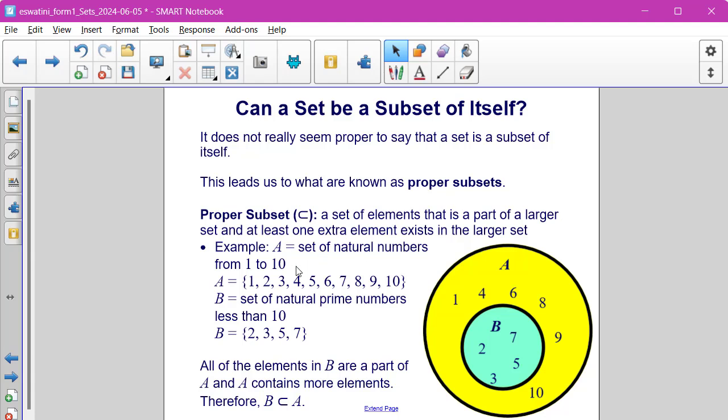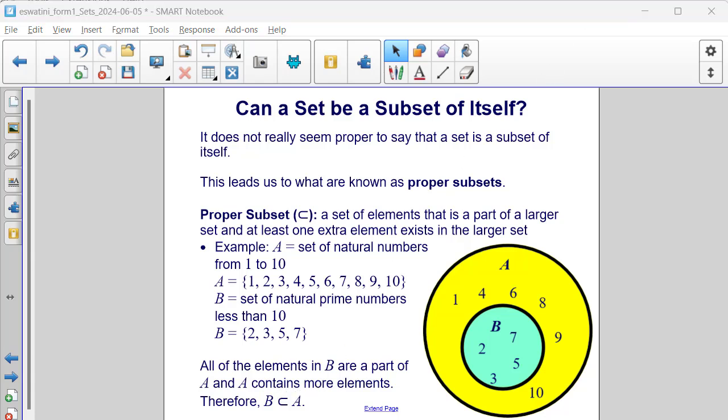So in our earlier example, where set A is the set of natural numbers from 1 to 10, and set B is the set of natural prime numbers less than 10, being 2, 3, 5, and 7, all the elements in B are a part of A, and A contains more elements than B does. Therefore, B is a proper subset of A.